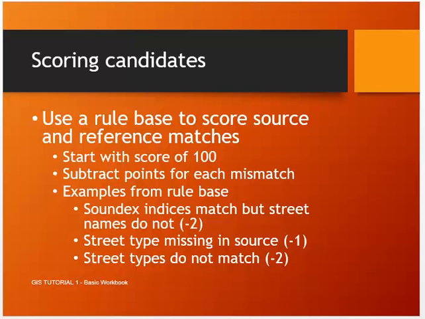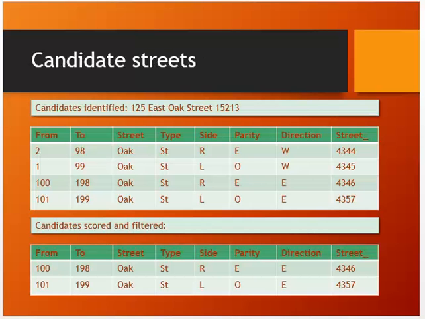However, it finds mismatches. So we're looking here in this example for 125 East Oak Street. It found 4 candidates for Oak Street. The address range goes from, so there's basically 2 segments here, from 1 to 99 and from 101 to 199.